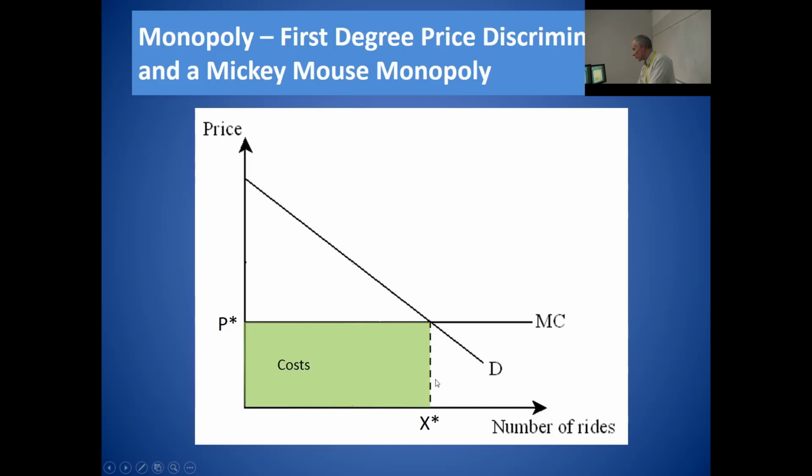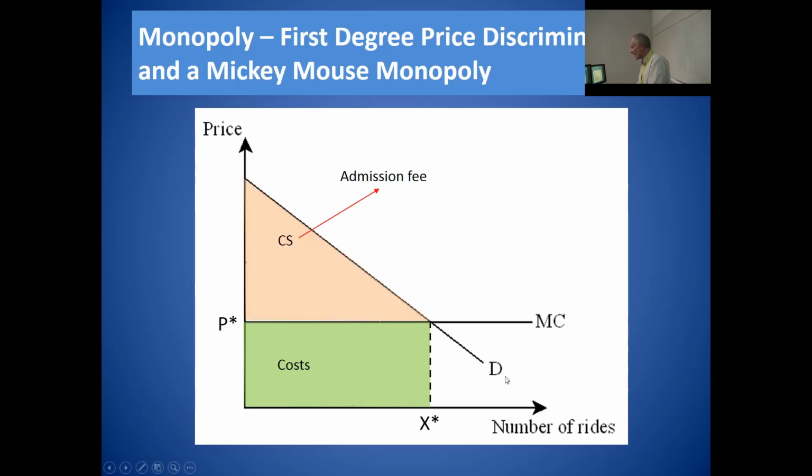that portion will cover the costs. What are the profits per ride? There aren't any. The price that you're charging per ride of P star is exactly equal to the marginal cost. So there is no profit per ride.